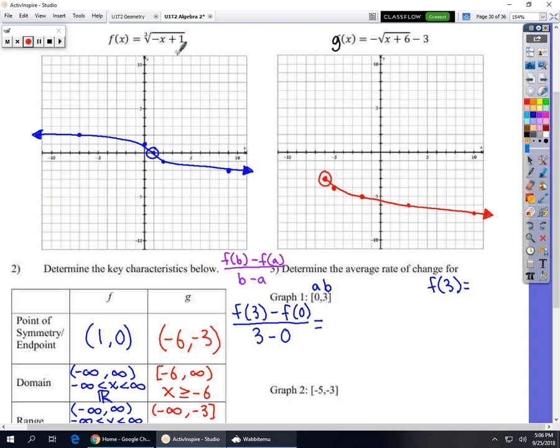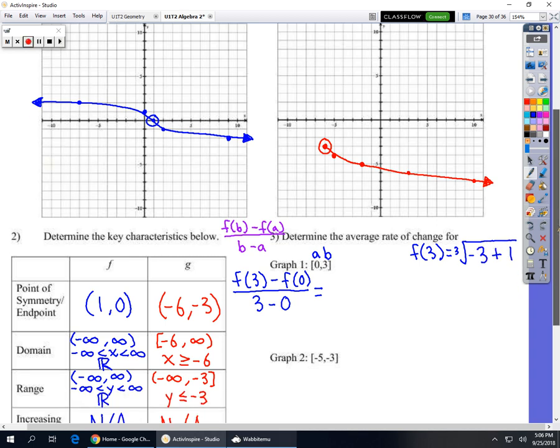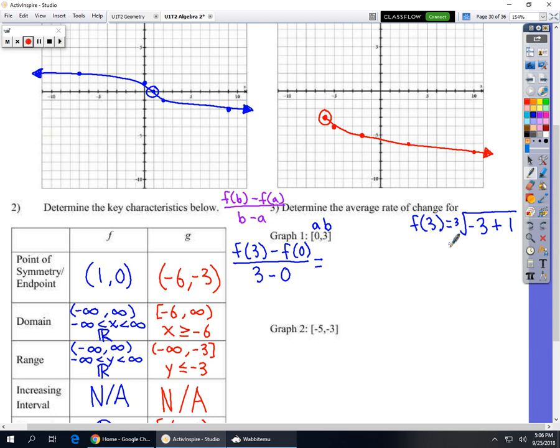So instead of negative x, it's going to be negative 3, negative 3 plus 1. Let's keep following the equation. Cube root. Well, negative 3 plus 1 is negative 2. So that's the cube root of negative 2.